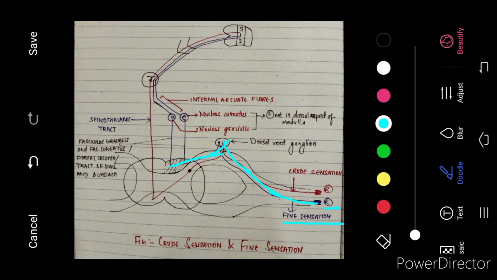The white matter of the posterior column has two parts. The medial one is known as fasciculus gracilis and the lateral one is known as fasciculus cuneatus. So the fibers enter on the medial and lateral parts of the posterior white column of the spinal cord respectively.